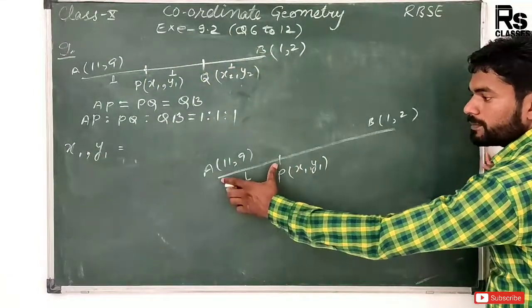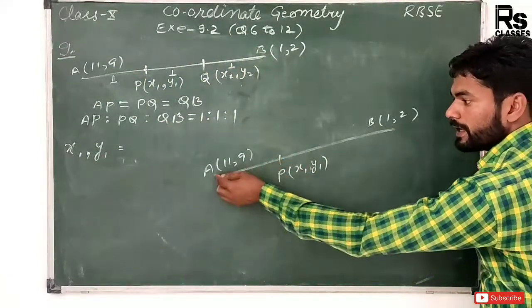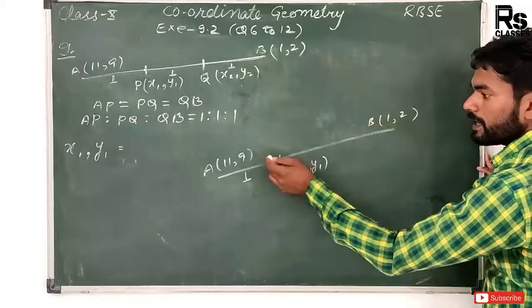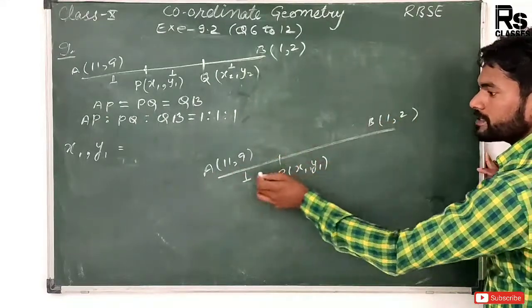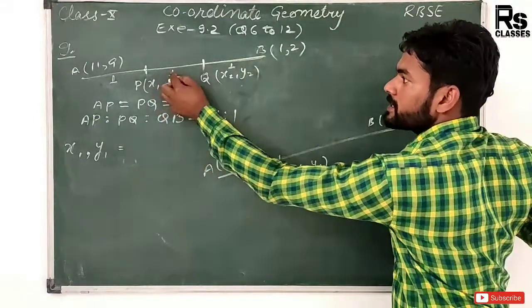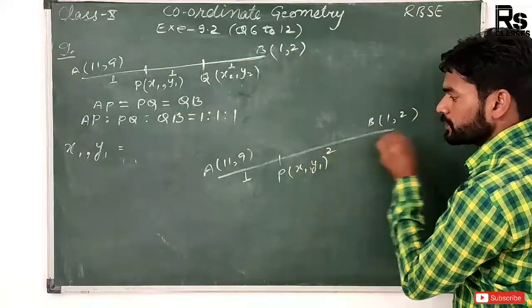Now the ratio of this point P, AP ratio PB, is 1 here, and this is 1 plus 1, it is 2.